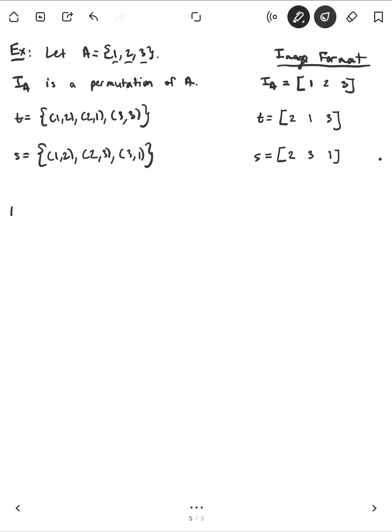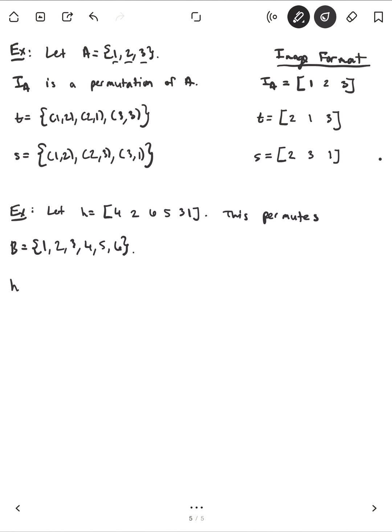Another example, just to maybe get you used to this notation, is the following. Let H be equal to the following: 4, 2, 6, 5, 3, 1. This permutes B equals just the first 6 natural numbers.